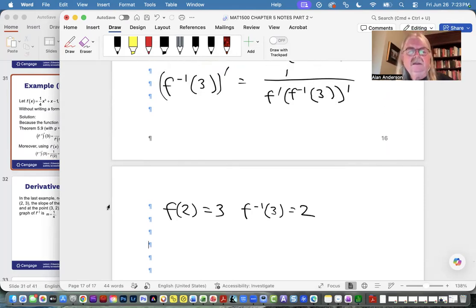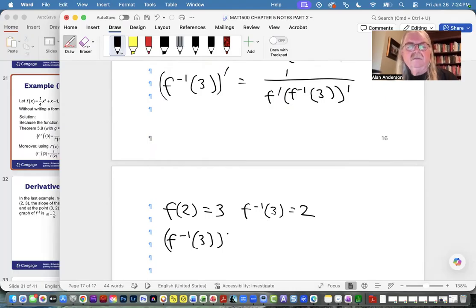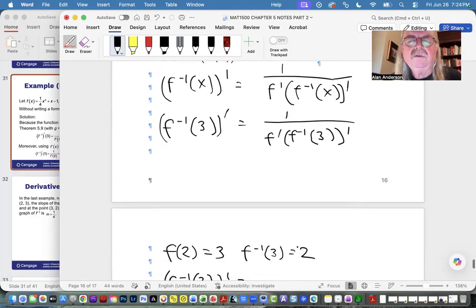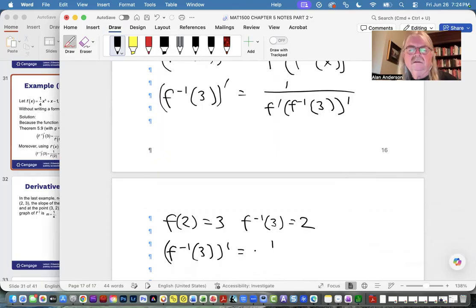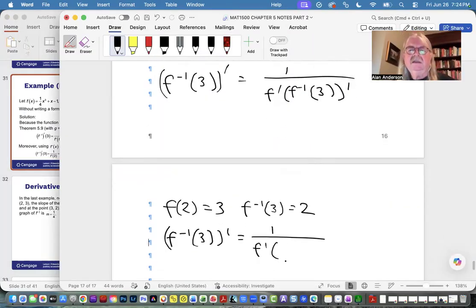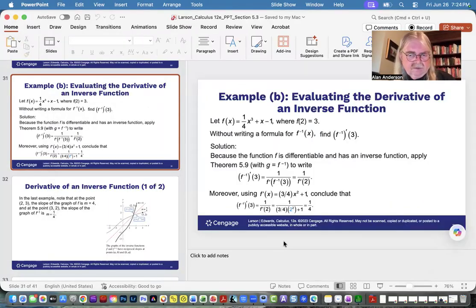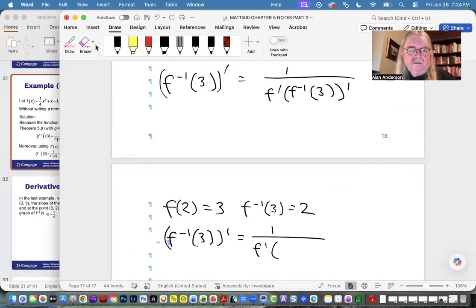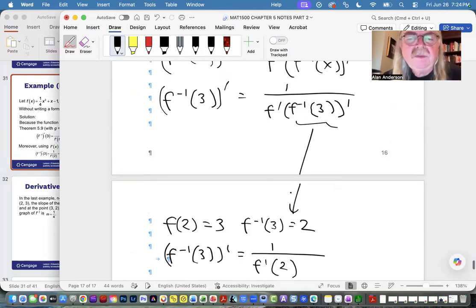So that means that f inverse of 3 prime is 1 over f prime of 2, because all of this has been replaced by 2.